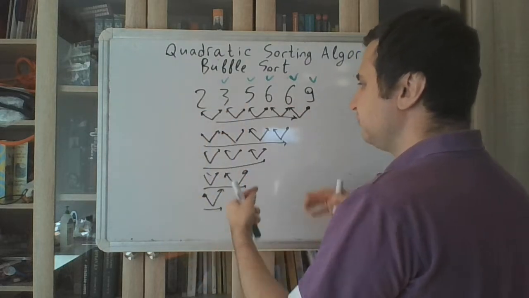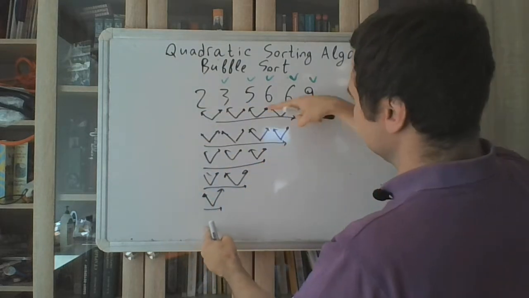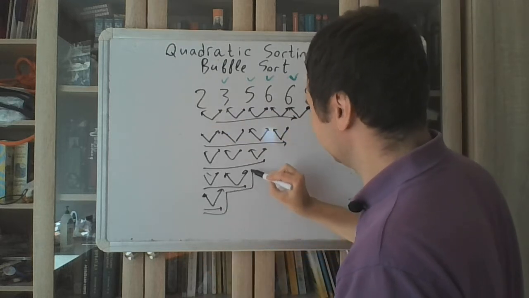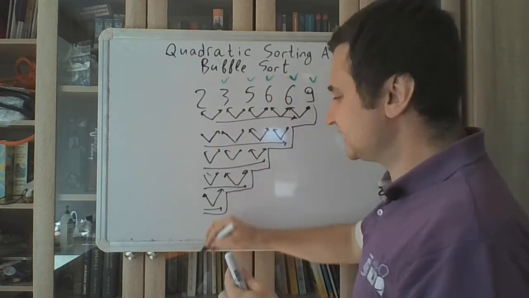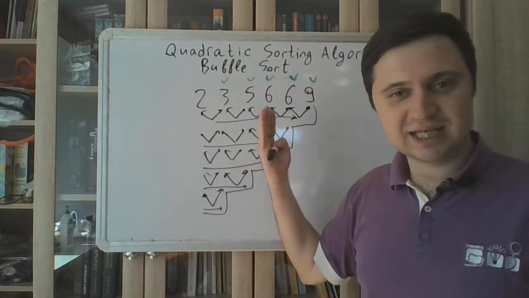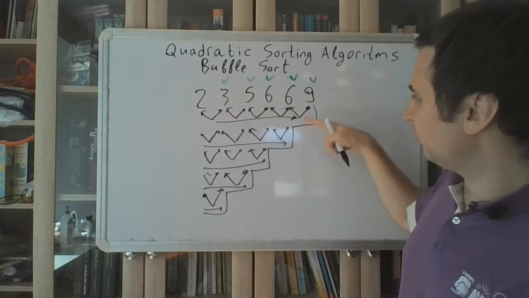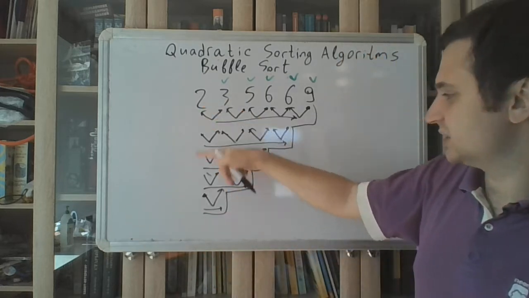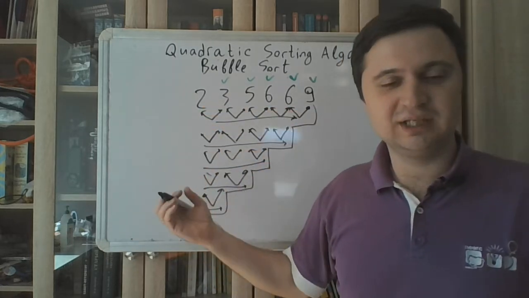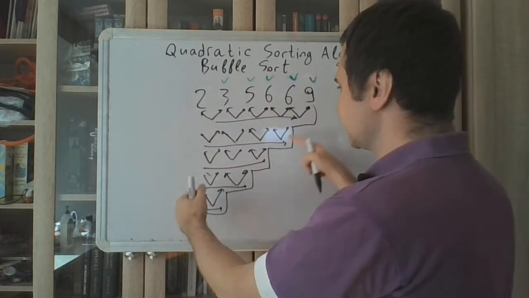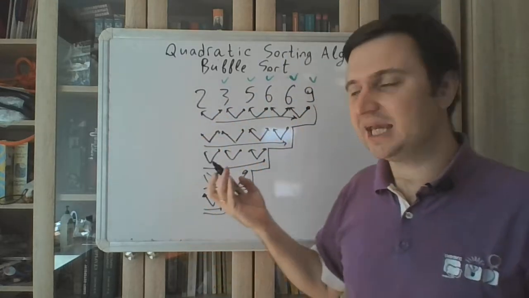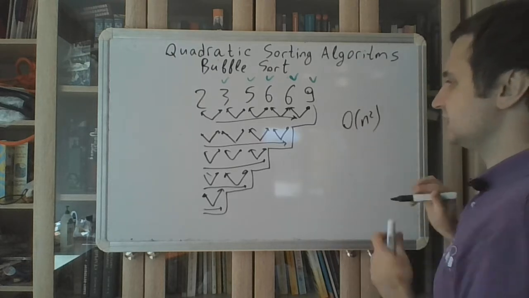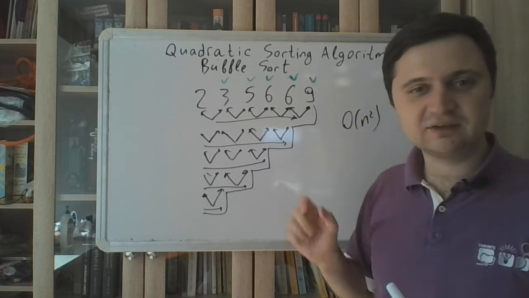For large n, this figure is strange, but it's almost exactly a triangle with side n. So the area of this triangle is approximately n squared over 2. You can visually show that the number of swaps is the area of this figure, about n squared over 2. So even visually we can show that the working time of this algorithm is n squared.